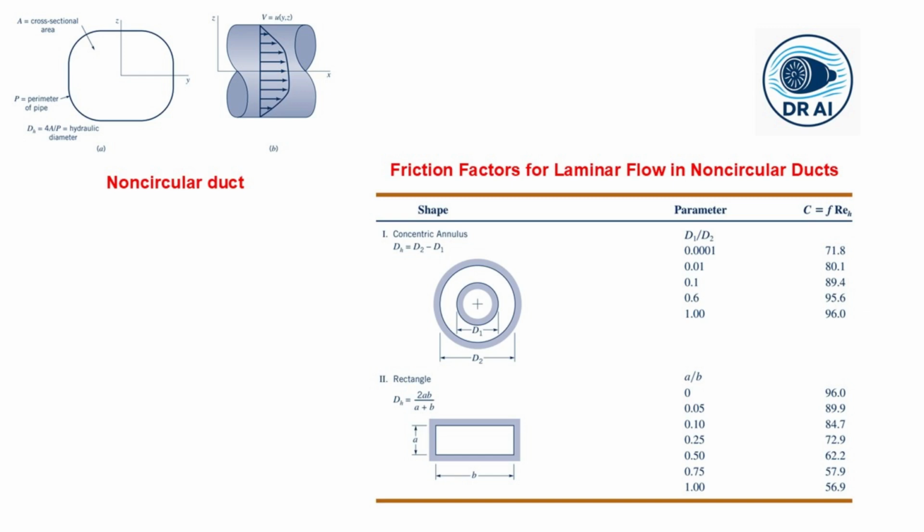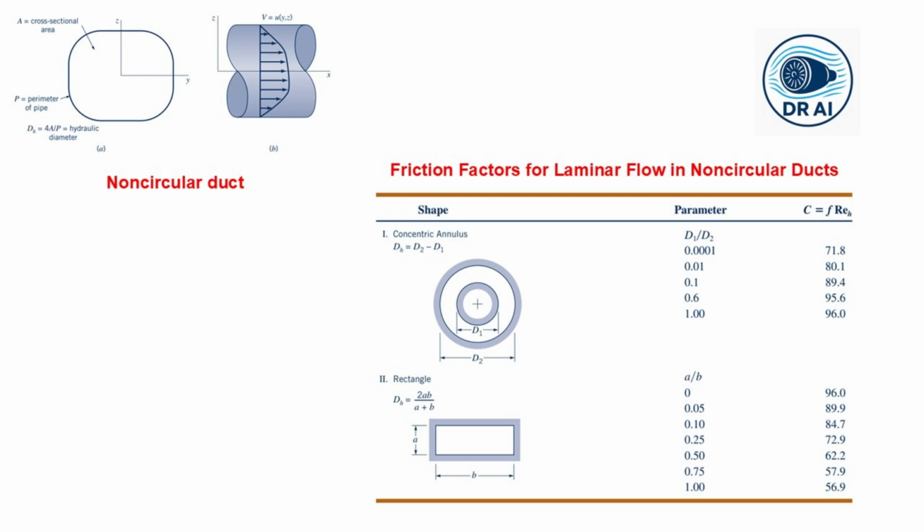For a rectangle with an aspect ratio of 2:1, C is about 62, not too far from 64. But for a very thin slot where the a over b ratio approaches zero, C approaches 96. So the shape matters. But the hydraulic diameter concept allows us to use a similar form.